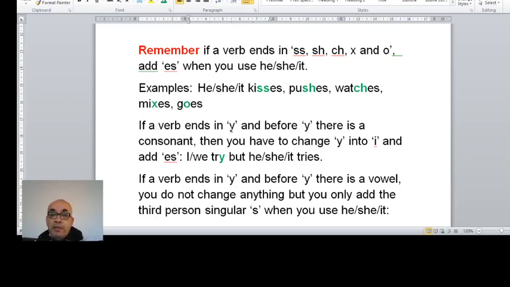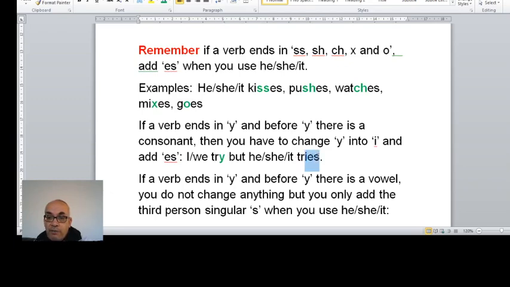If a verb ends in y and before y there is a consonant, then you have to change y into i and add es. So if you look here, try has got y. Before y we have got r, and r is a consonant. So what you do, you change y into i and you put es.